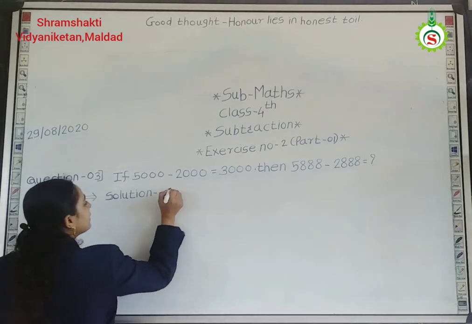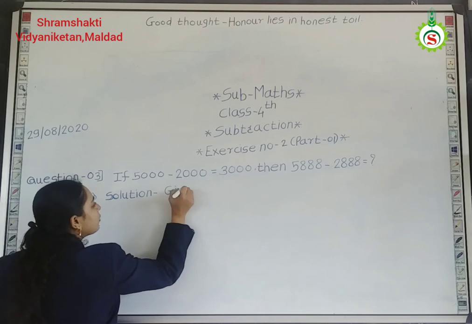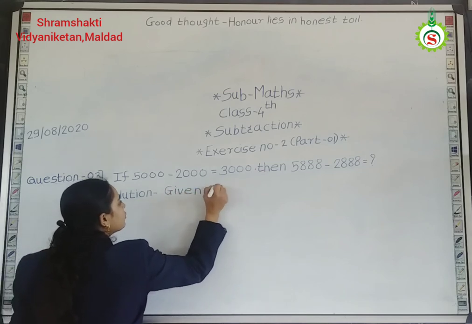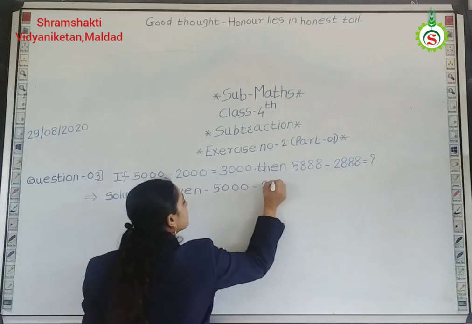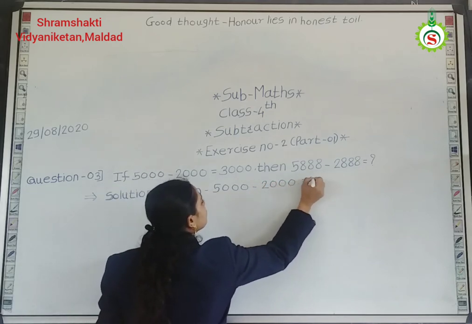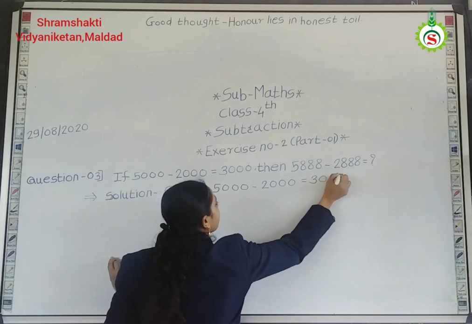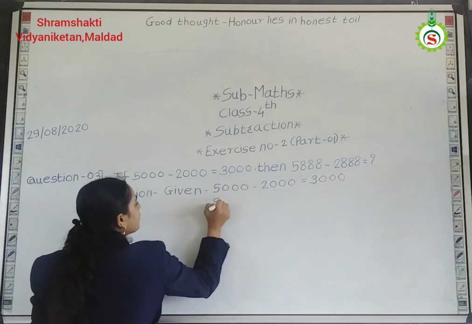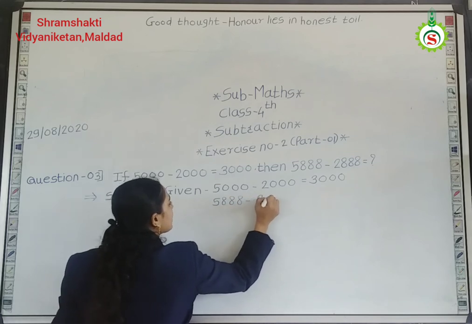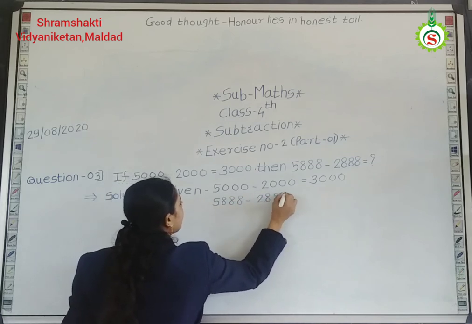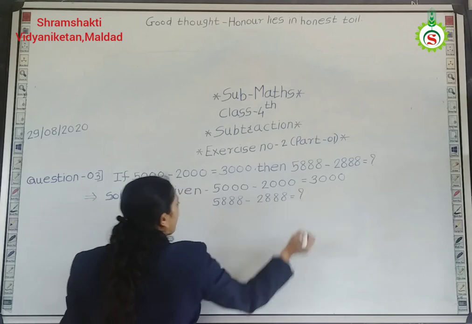Here given, first write down the given 5000 minus 2000 is equal to 3000, and we have to find 5888 minus 2888 is equal to how much?